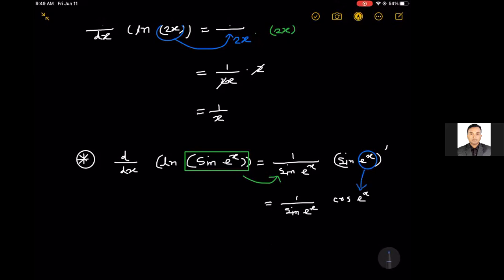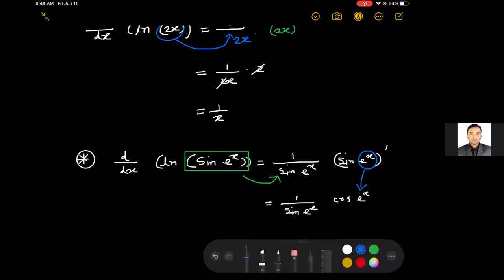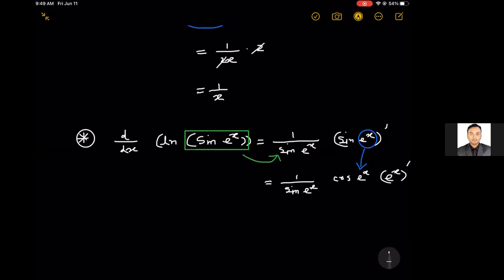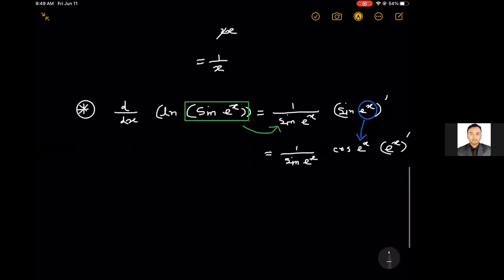But it's not exactly x again. So we need to multiply the derivative of this part. And we know the derivative of e to the x is e to the x, right?